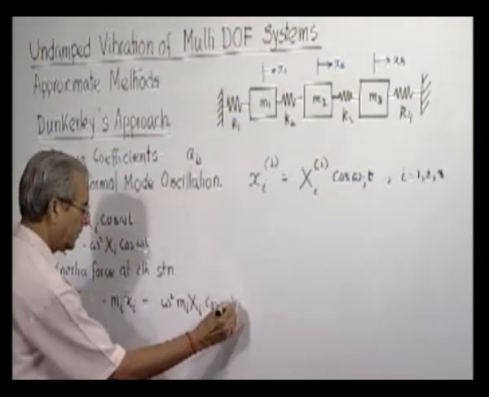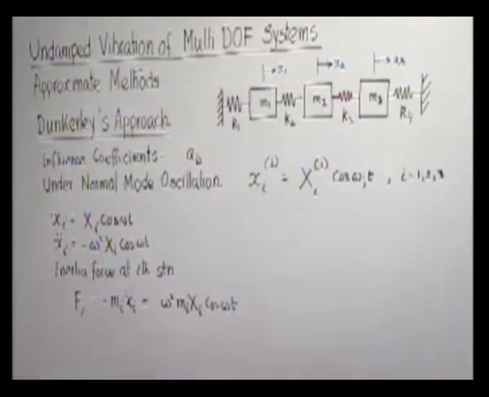Now, we also know that all the stations, all the masses, reach their extreme position either way at the same instant, when their velocities become 0 and, of course, accelerations become maximum.